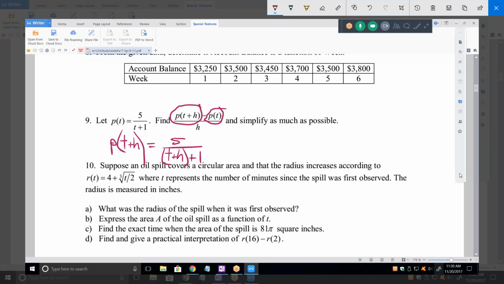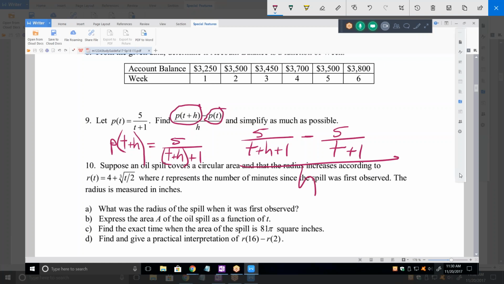Okay, so now here's what we have: 5 over t plus h plus 1, I can remove those parentheses, minus 5 over t plus 1, that's P of t, and the whole thing's going to be divided by h.